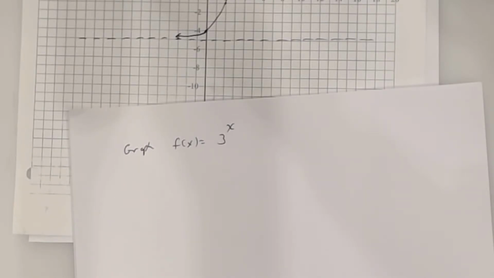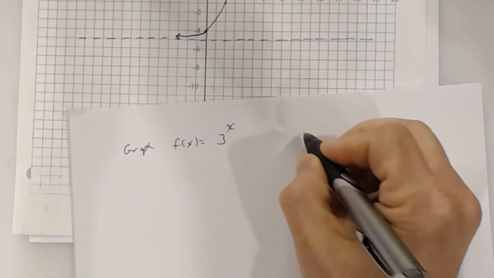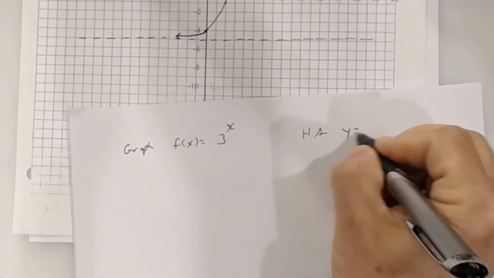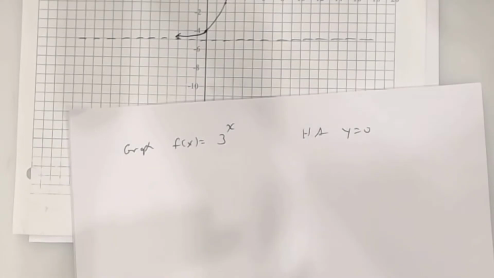Now, from there, based on part 1, you can tell me what the horizontal asymptote is. What is it? Y equals 0, which is which axis? The x-axis. So the horizontal asymptote is y equals 0.